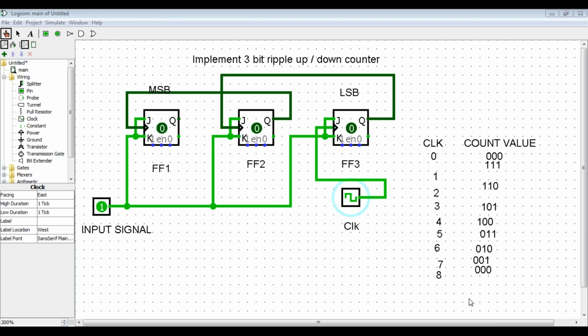Yeah, thanks for your response. Okay, fine. So now we are going to see the down counter, the reverse process. Sorry, the down counter is complete. Now we are going to see the up counter.